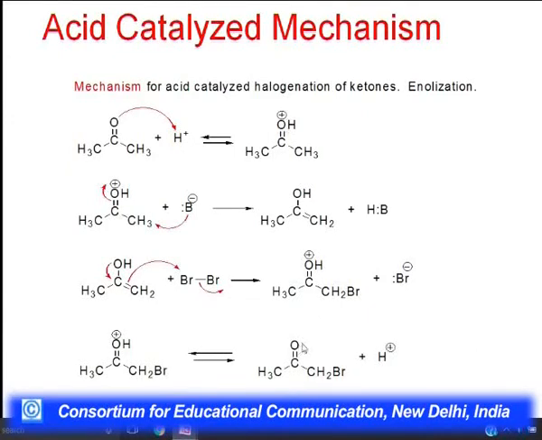And since the basicity of the carbonyl oxygen decreases, it cannot undergo this protonation step, that is the first step in the mechanism, very readily. Hence, after the first halogenation, the reaction stops and it does not proceed further in acidic medium.